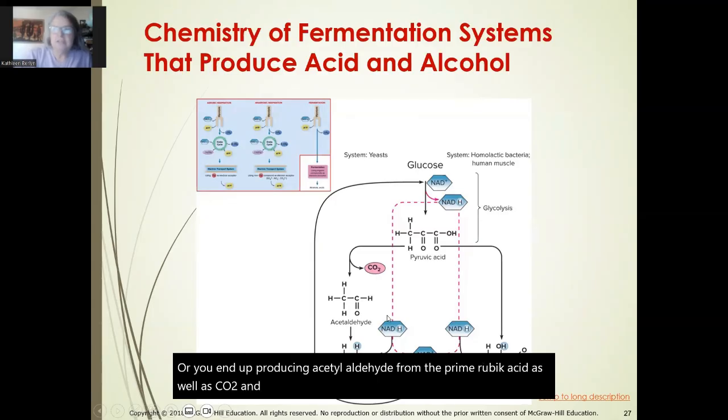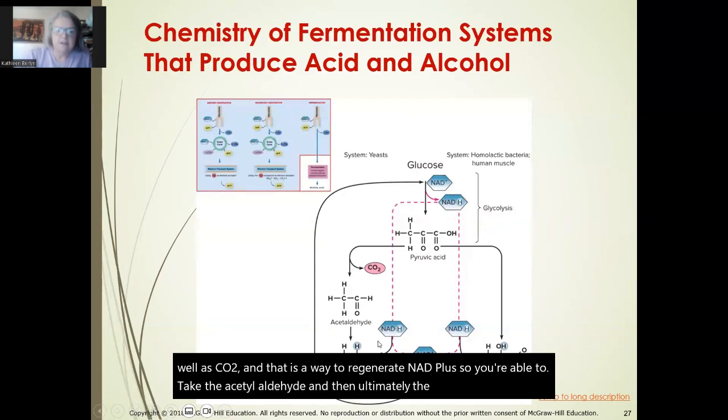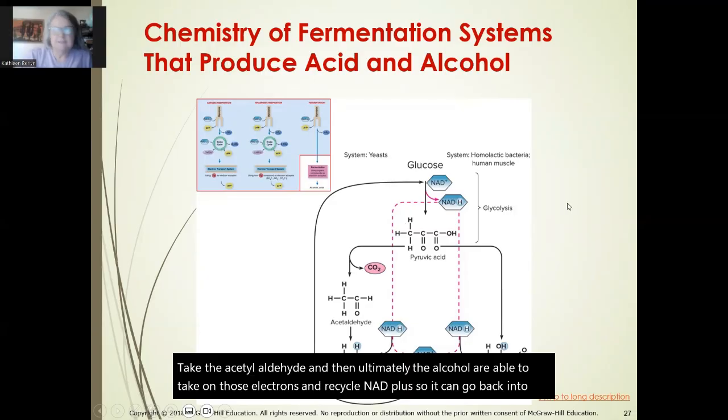And that is a way to regenerate NAD plus. So you're able to take the acetylaldehyde, and then ultimately the alcohol are able to take on those electrons and recycle NAD plus so it can go back into glycolysis.